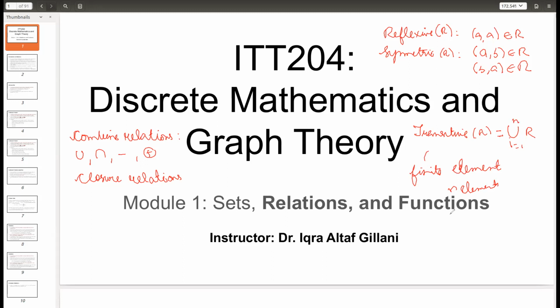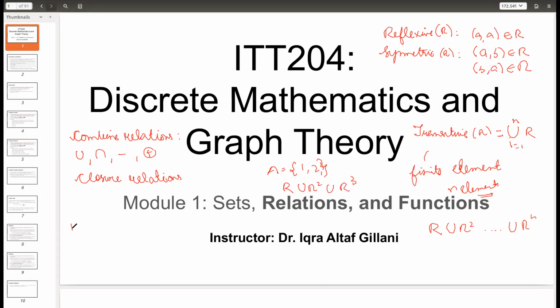That is, I'll take R union R square till R n. So suppose the size of the set I want to define the relation on is just 2, then I'll take R union R square. If it was 3, then I'll take R union R square union R cube.